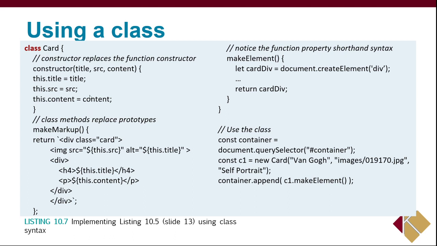Does the exact same thing. And then instead of having card.prototype.make markup, we have class methods. So it's just make markup, open parentheses, close parentheses, make element, open parentheses, close parentheses. It does the exact same thing.